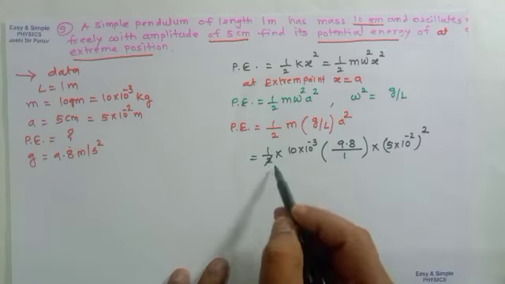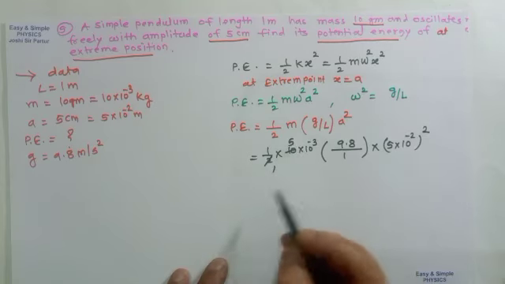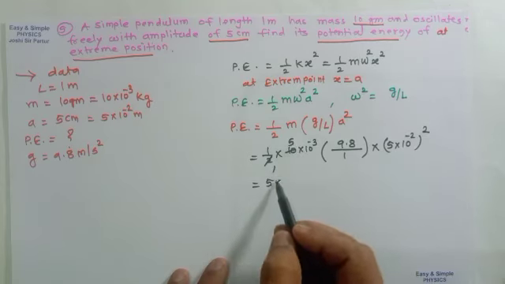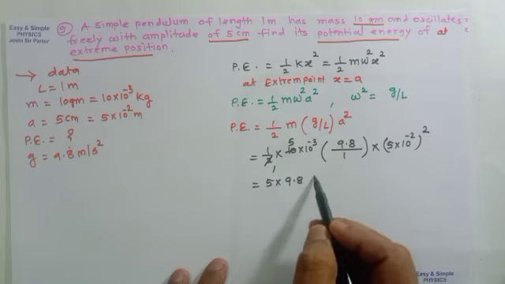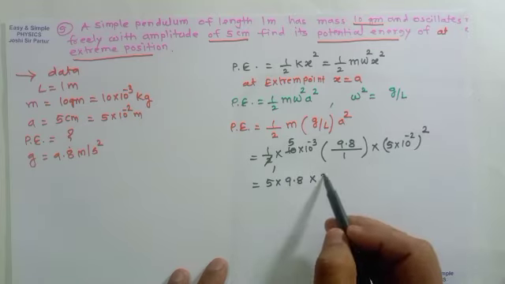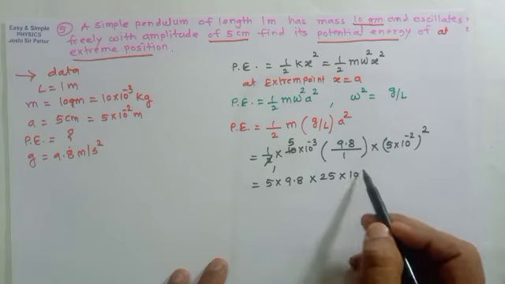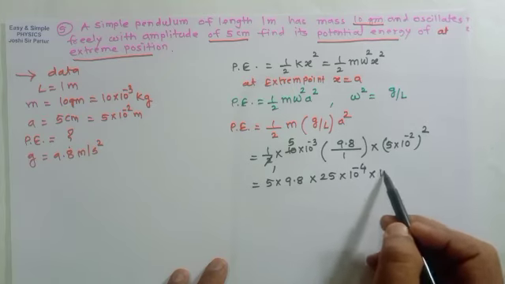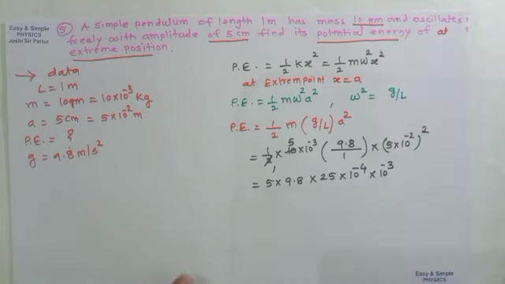So what happened? 2 1 the 2, 2 5 the 10. 5 multiplied by 9.8 multiplied by 5 square will be 25, 10 raised to minus 4 multiplied by 10 raised to minus 3.